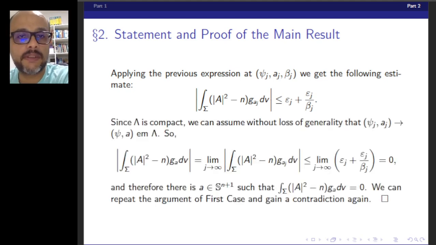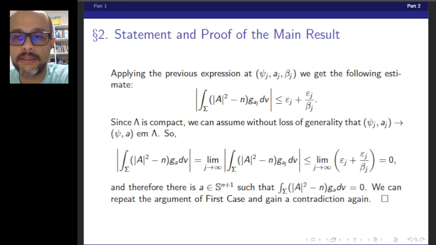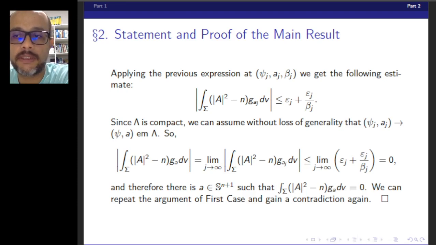So since big Lambda is compact, we can assume without loss of generality that the (c_j, a_j), which belongs to SO(n+2) times the sphere, converges. So if you take the limit in the expression in the second line, we deduce that the integral of the function norm of A squared minus n times g_a is 0 too.